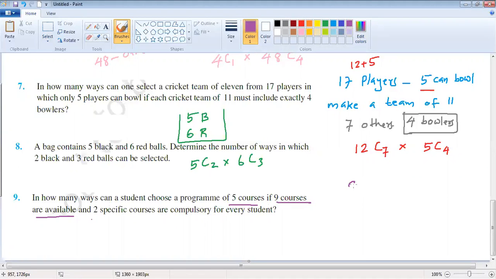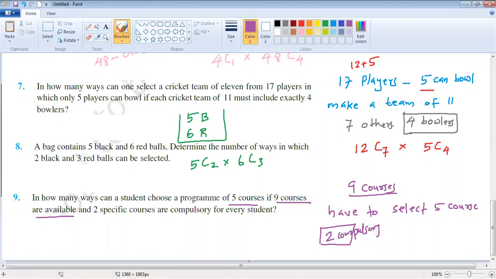So out of 9 subjects, you have to select 5 subjects. 2 specific courses are compulsory. They say English and Hindi compulsory. So that means you have to take them, there is no other option. You don't have any choice.